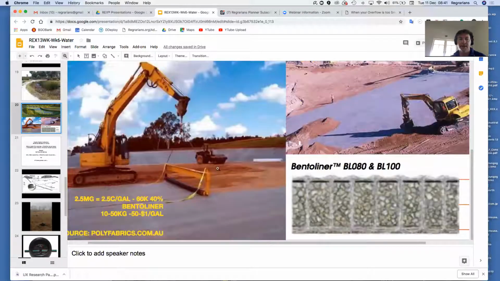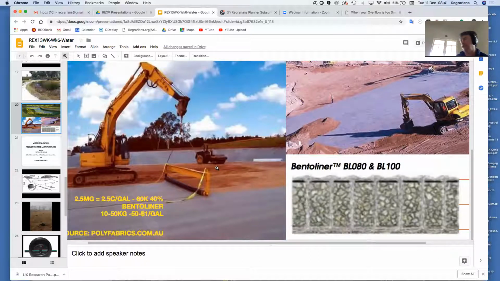A bento liner is a really great material. It's a sandwich of bentonite, which is sodium montmorillonite, in between two layers of geotextile. And unlike traditional butyl rubber liners or plastic liners, this actually gets buried.